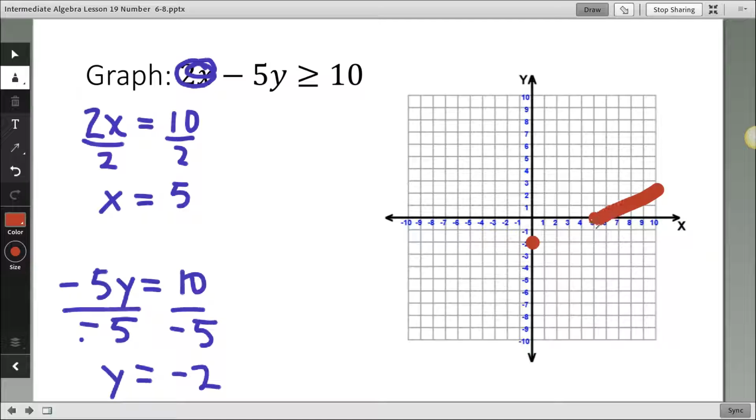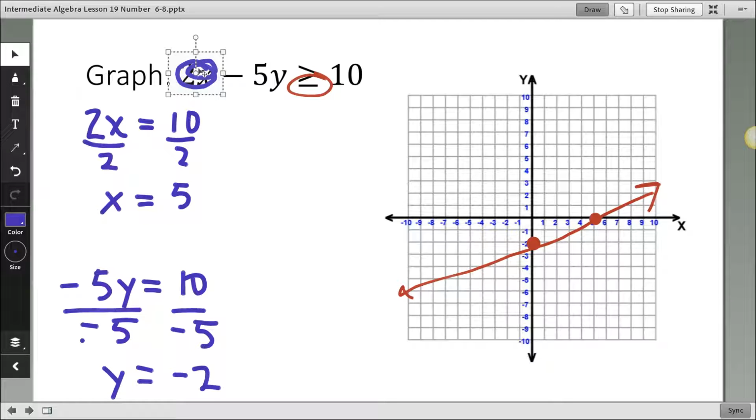So I'm going to draw a line through those 2 points. And it's solid because of the equal sign. And again, I'm going to test a point. I'm going to test 0, 0.